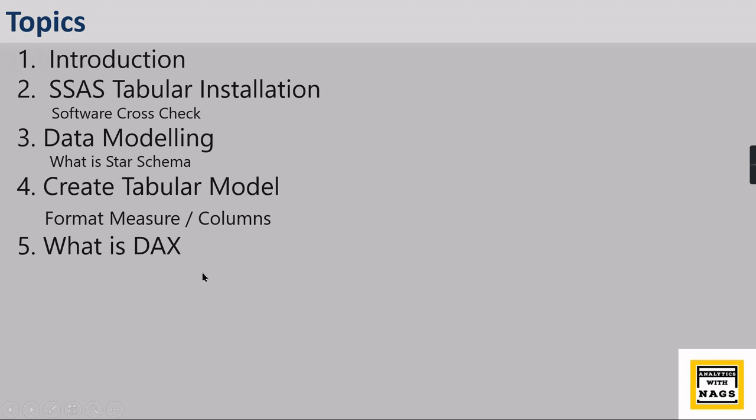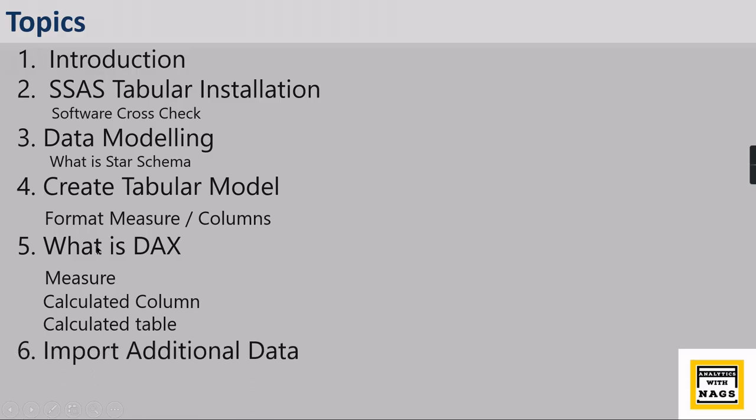DAX is a language used to create measures and columns, and we will cover those basics as part of this video course. In DAX we will cover measures, calculated column, and calculated table. Once we are done with these 5 steps or topics, we are almost done with the basics.